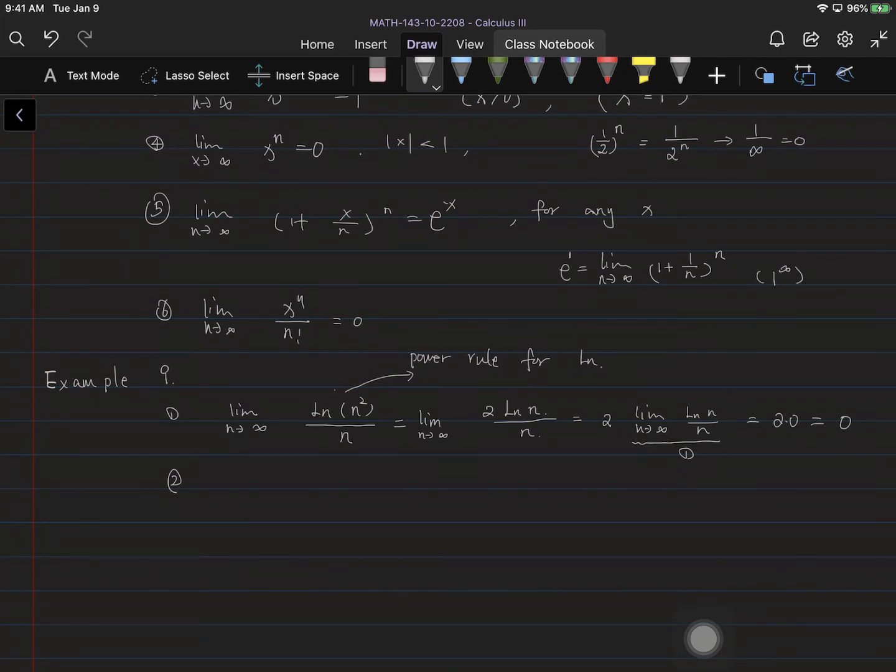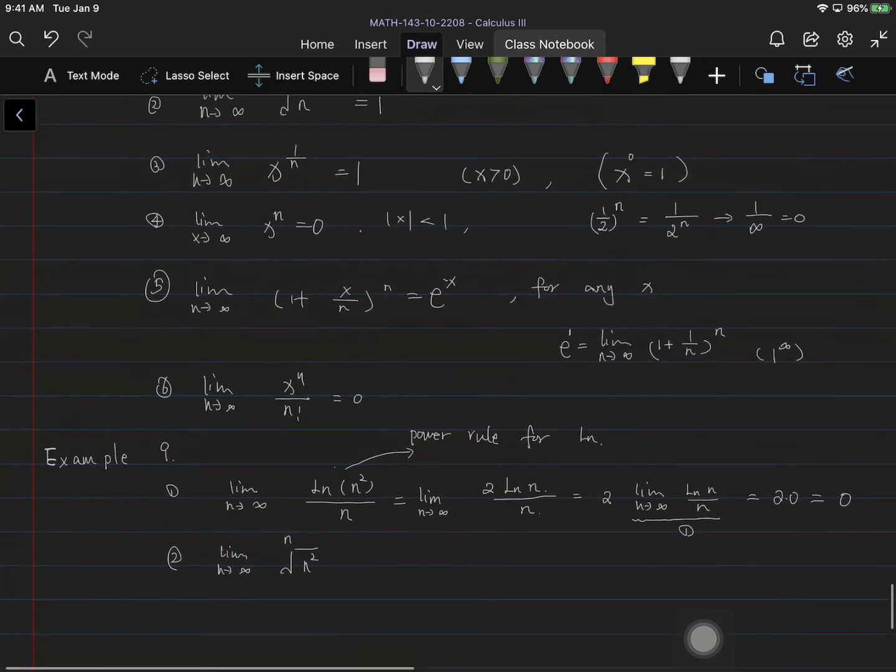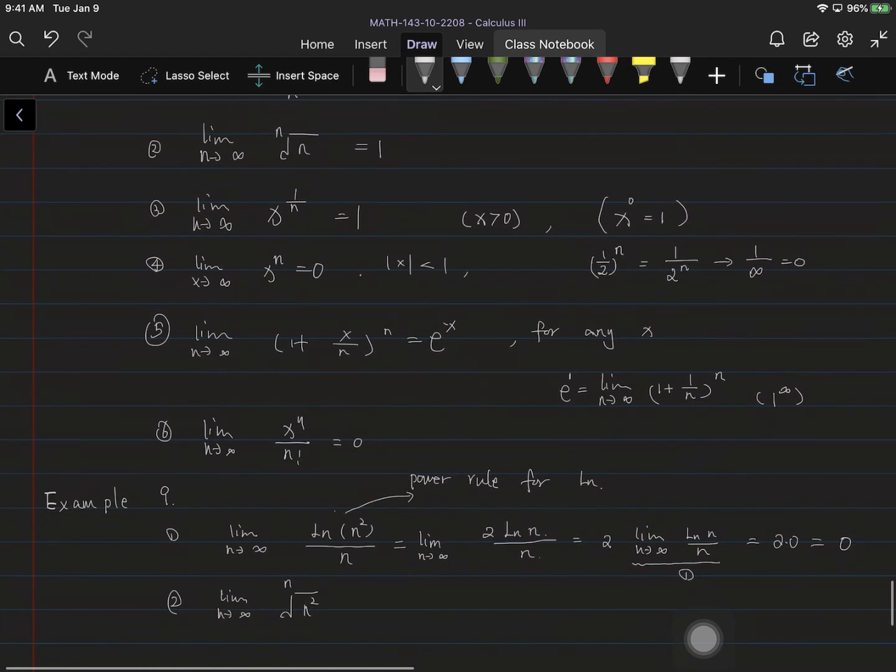Second one, the limit of this thing, nth root of n squared. If we take a look at our commonly used limits, this has a similar form as number 2, but it is a little bit different, right? So we want to simplify also. Change the form.